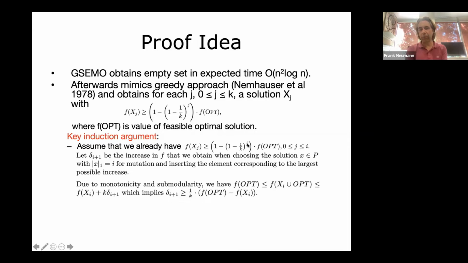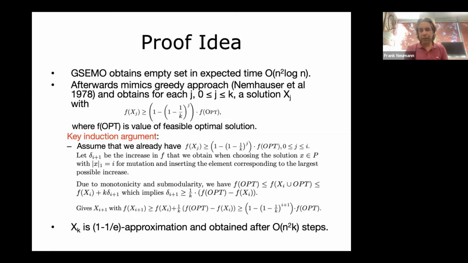So you would get an exponent of i+1 here for the last term. Okay, so this is just how it goes for this one. All right. And if the term up here in the exponent becomes large enough, then you get a 1 minus 1/e approximation for these things.